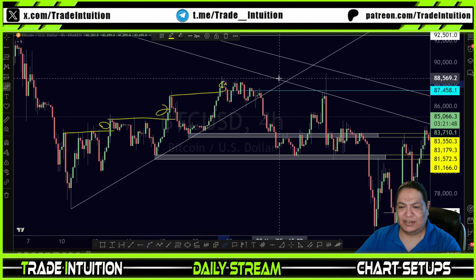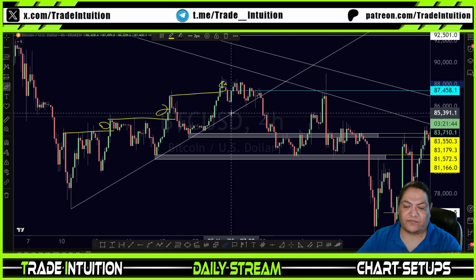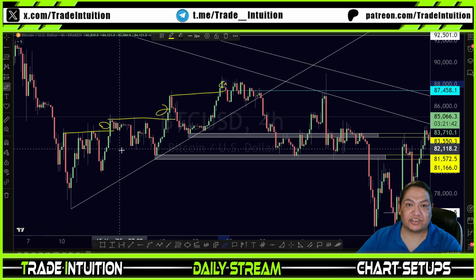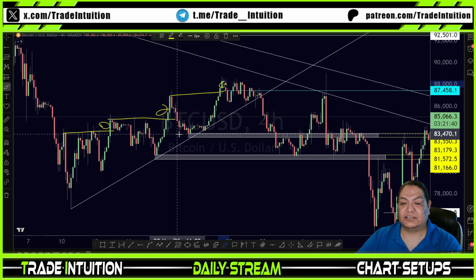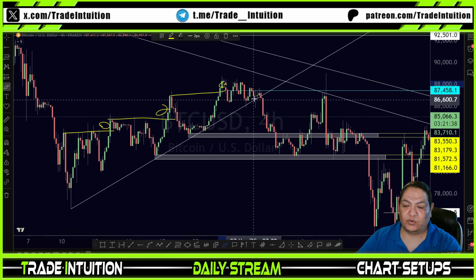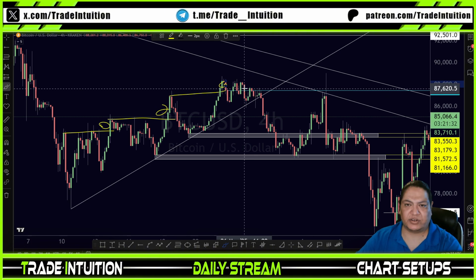The higher the time frame of the trend line, the stronger it is. The lower the time frame, the more ups and downs you're going to see. And just because it breaks a trend line, whether it's on a 15-minute, a 5-minute, a daily, that doesn't mean it's done. It's over. The uptrend or downtrend is done with.